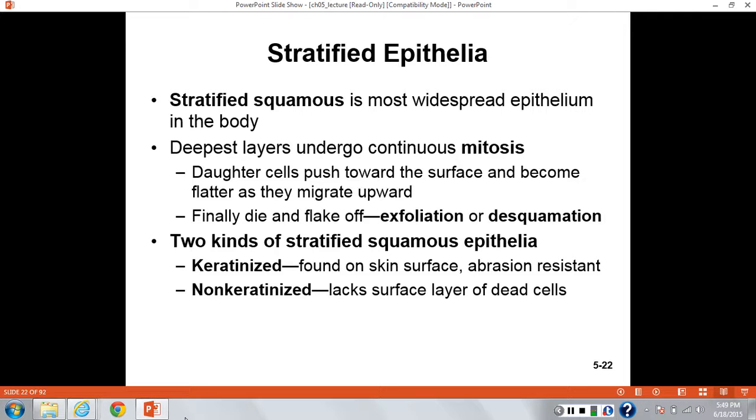Keratinized. How? Come on, think. What happens when your skin gets dry?